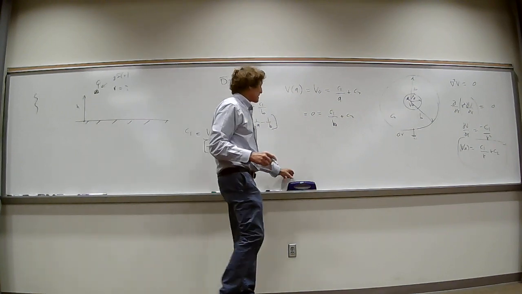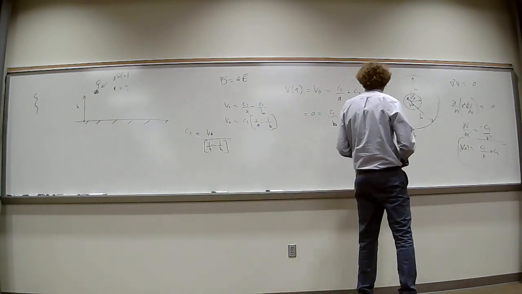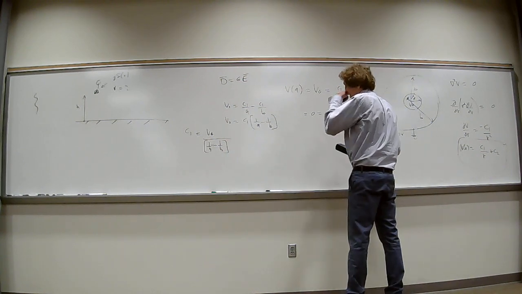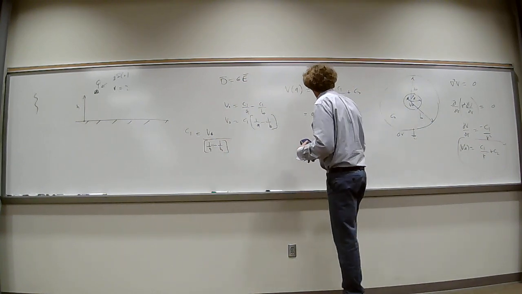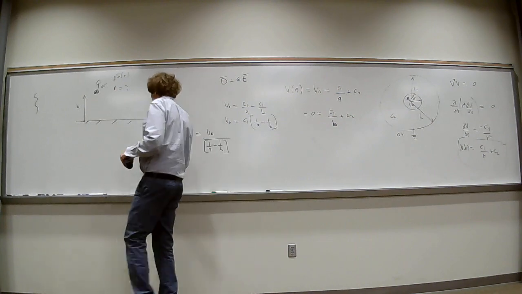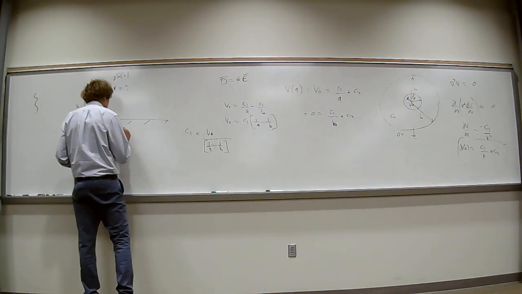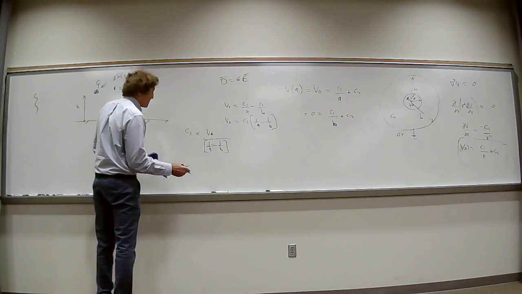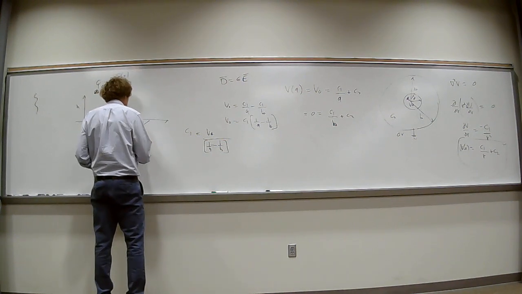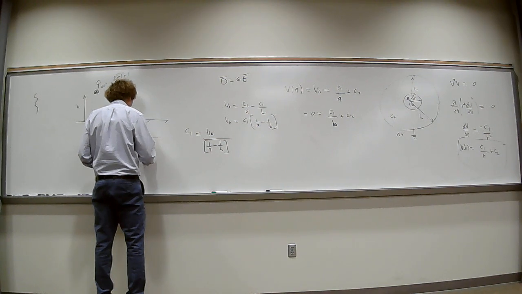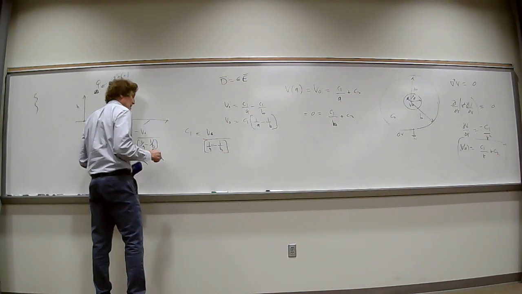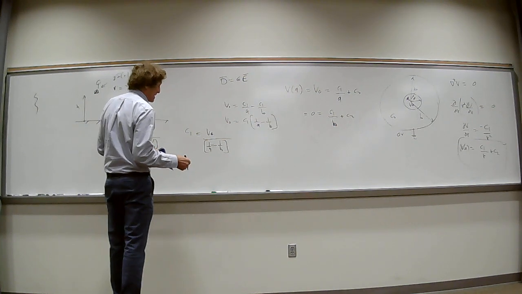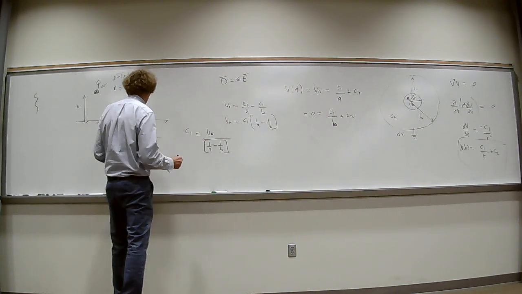And now we can write the general form of the equation, because I've got C1 as such, and that means C2 itself would be equal to minus V naught over 1 over a minus 1 over b, and it's going to be divided by b.